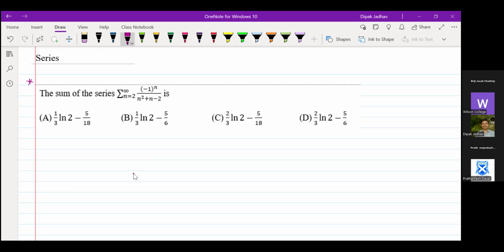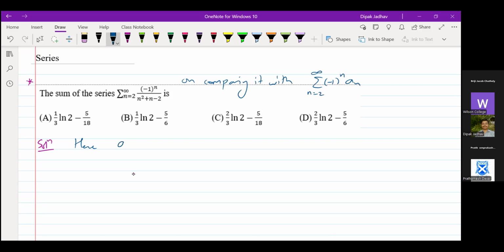Okay, so let's see. Here, what is a_n? We can compare it with summation minus 1 raised to n, where n runs from 2 to infinity. Let us compare the series with this.